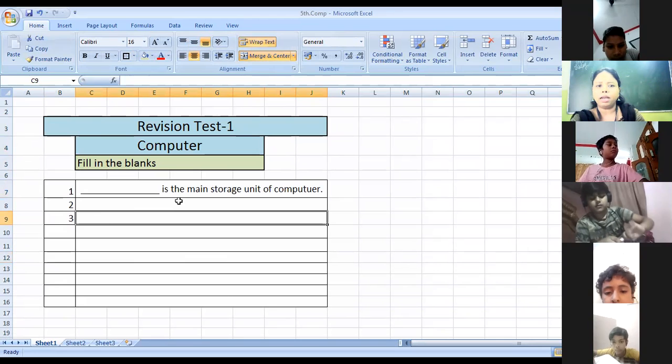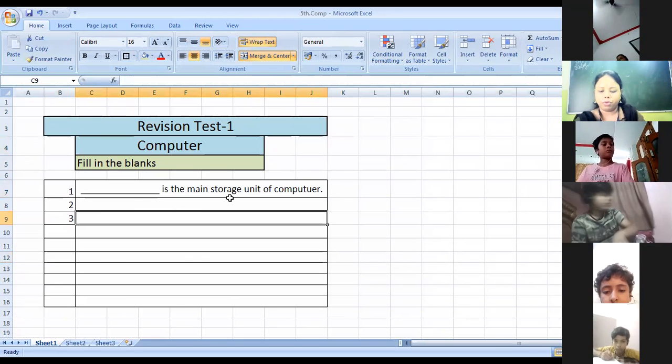First, question number 1: dash is the main storage unit of computer.